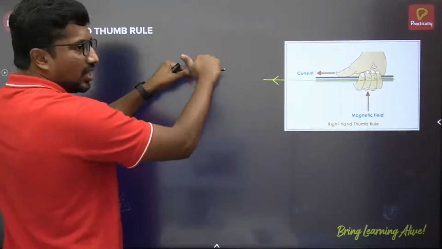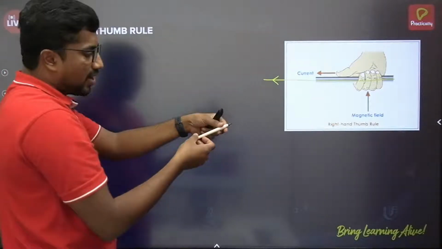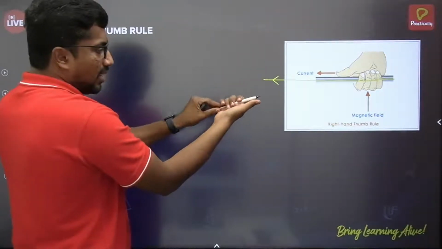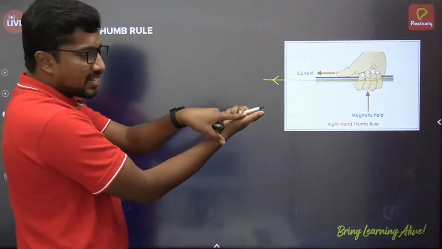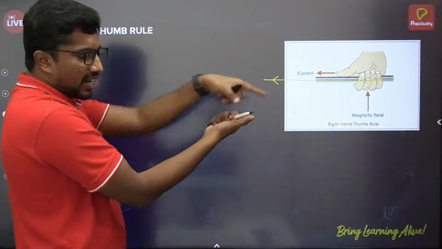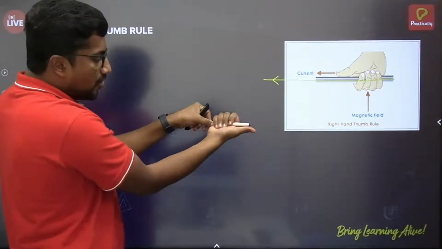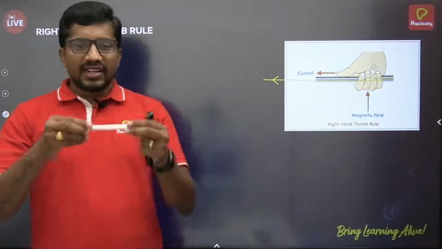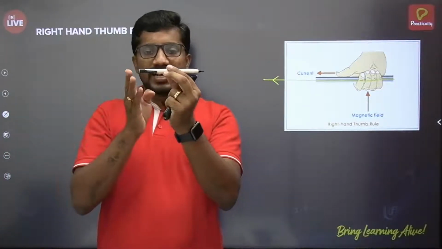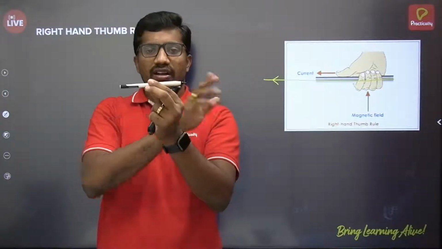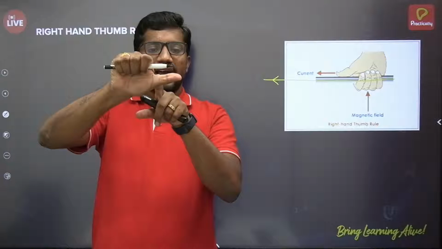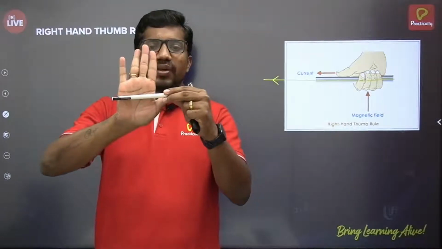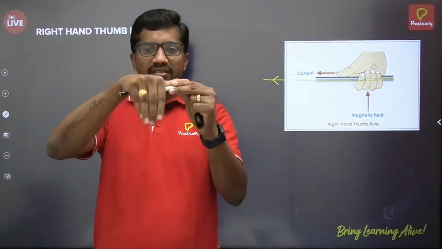Then the direction of the magnetic field is indicated by the curled fingers like this.